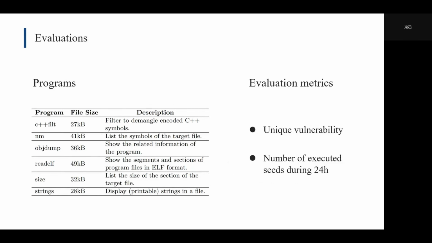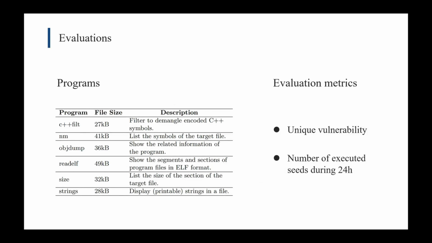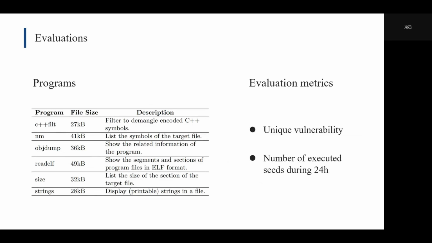To evaluate the effectiveness of the proposed method, we employ a direct and important metric, unique vulnerabilities. For each collected crash, we will conduct corresponding analysis to confirm whether it triggers a vulnerability. This is because not all crashes are related to vulnerabilities.